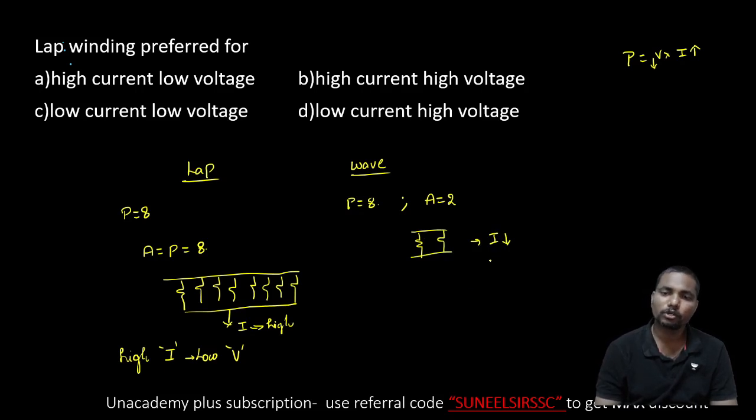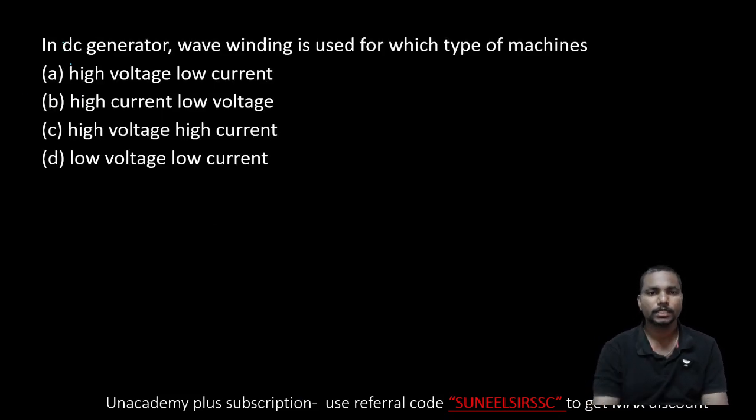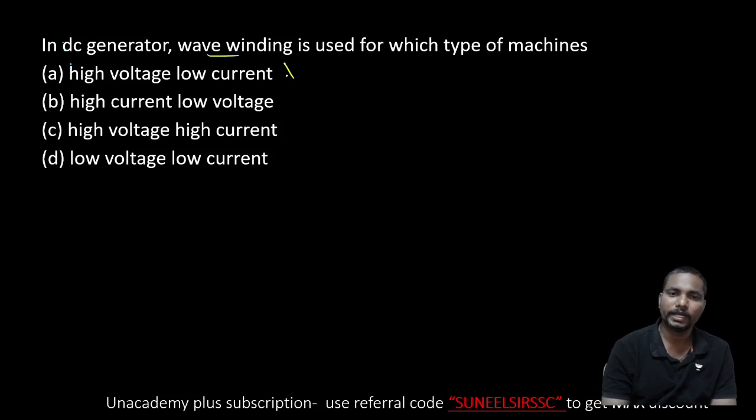So that's why we go with high voltage. So high voltage and low current application. For lap winding they are asking high current and low voltage, so the answer is option A. Coming to the next question, guys. Here they are asking wave winding, low current. So if low current, we can go with the high voltage.